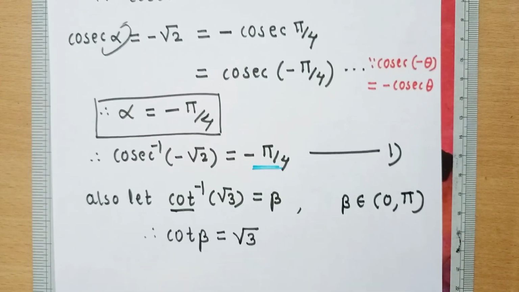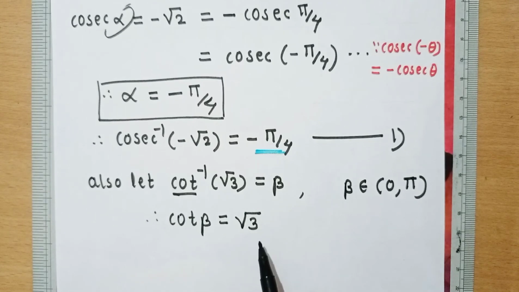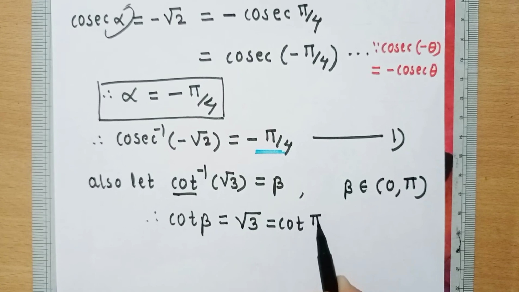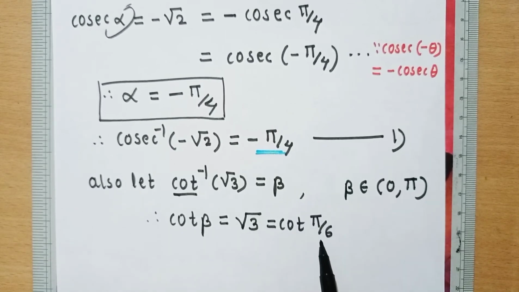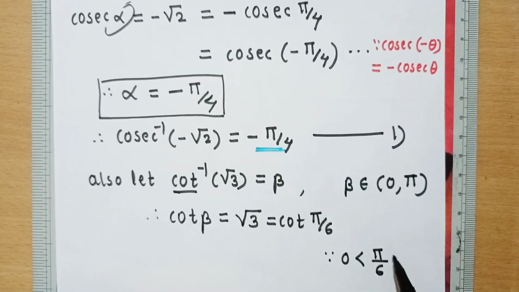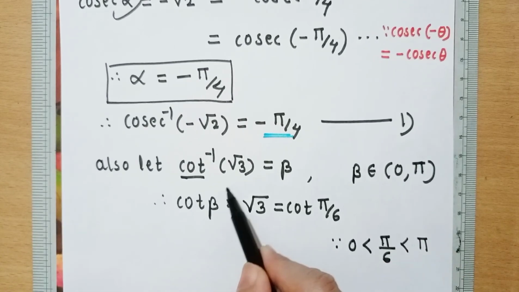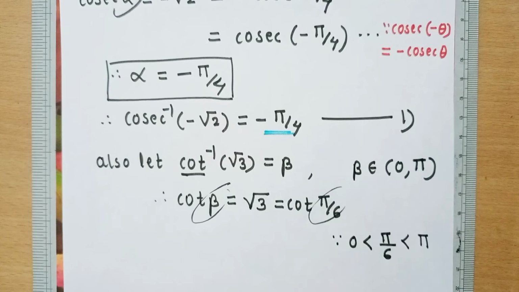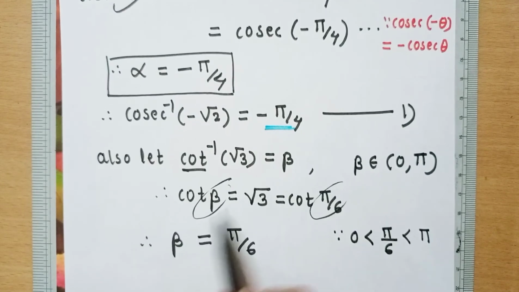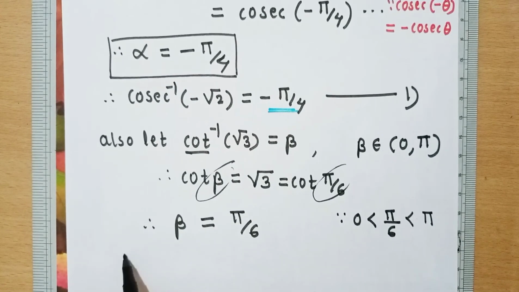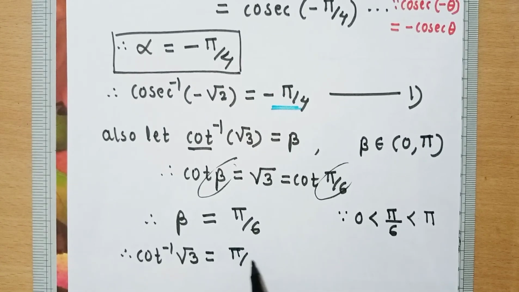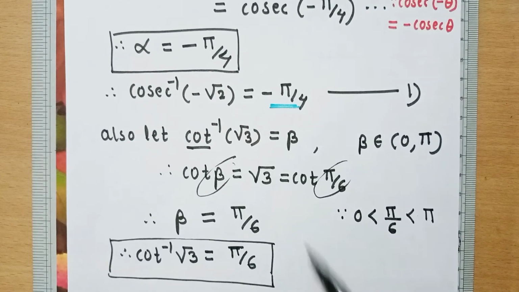And again we know that root 3 is the value of cot 30. 30 means cot of pi by 6, and this pi by 6 lies between 0 and pi, strictly less than pi. Since this is an open interval, therefore beta equals pi by 6. So beta means cot inverse of root 3, and that equals pi by 6. So we have found the second value.